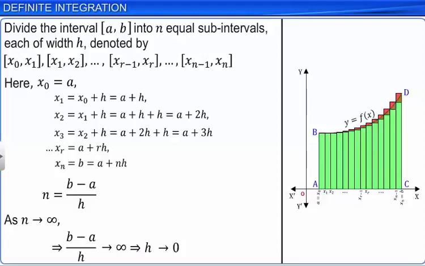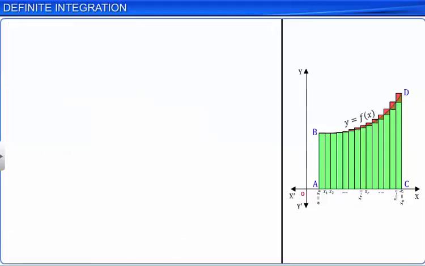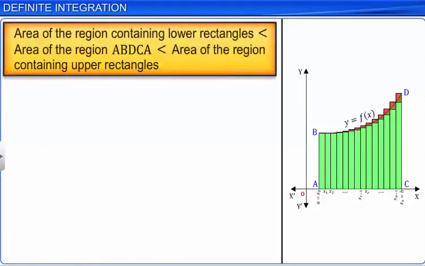From the diagram, it can be understood that the area of the region containing the lower rectangles is less than the area of region ABDCA, which in turn is less than the area of the region containing the upper rectangles.